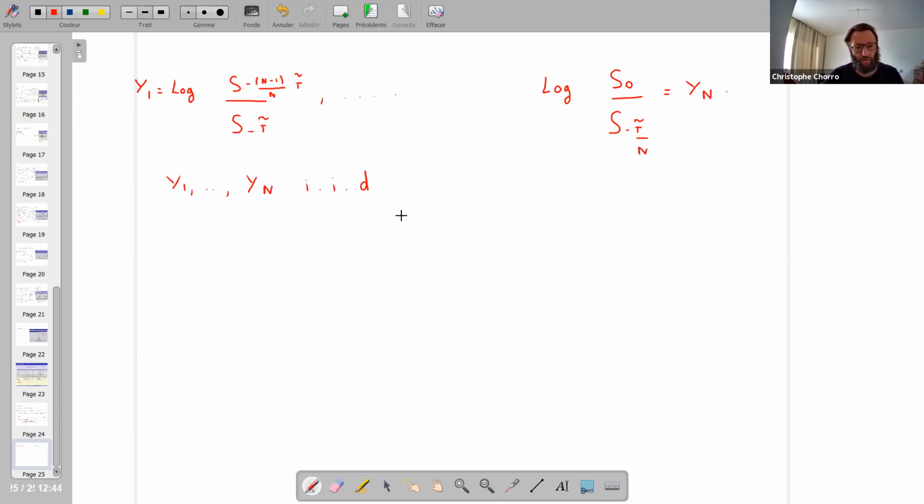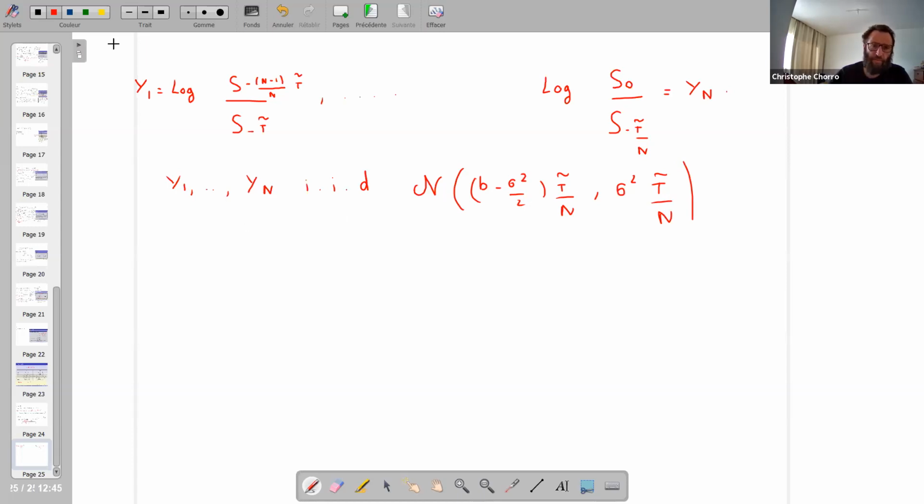These log returns have a Gaussian distribution with mean (b minus sigma squared over 2) times t tilde over n, and a variance that is sigma squared t tilde over n.